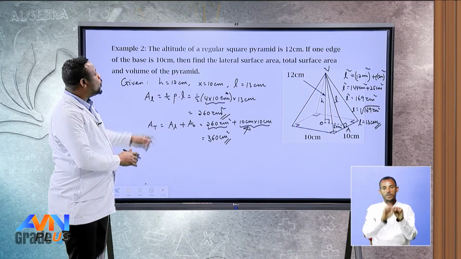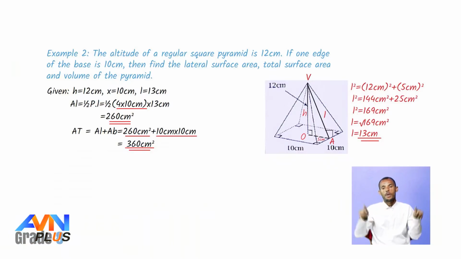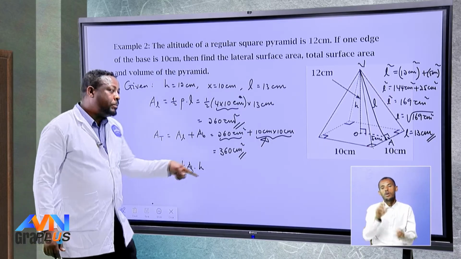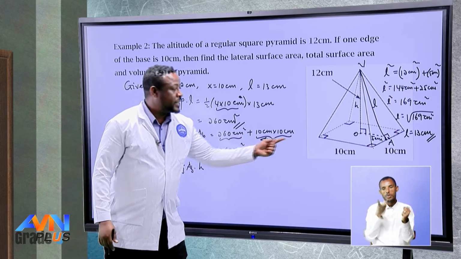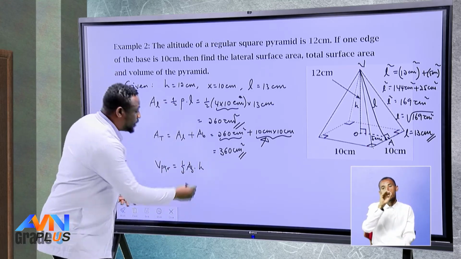So we are left with one more thing, which is the volume of a pyramid, and the volume of a pyramid is 1/3 of the area of the base times h. The area of the base is already obtained, which is 10 by 10, that means 100 centimeter square.